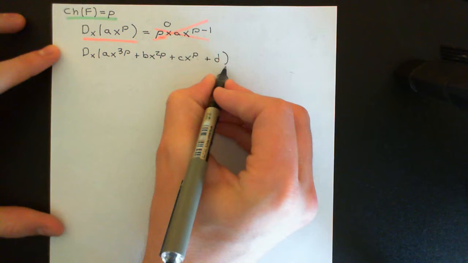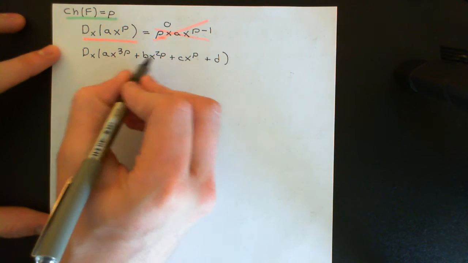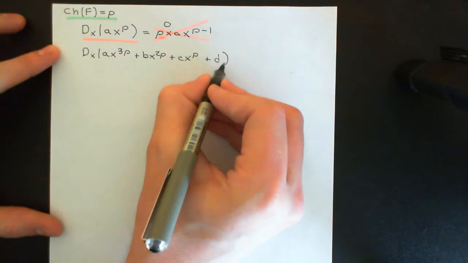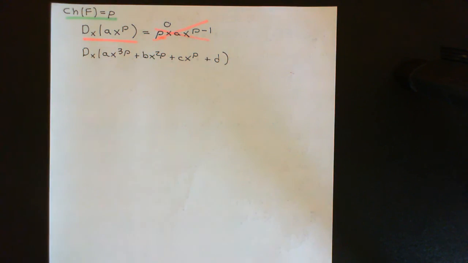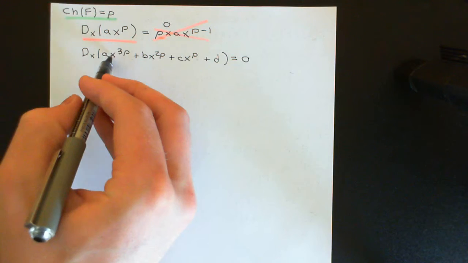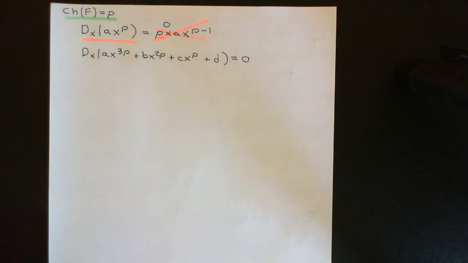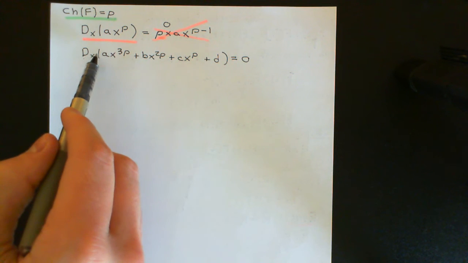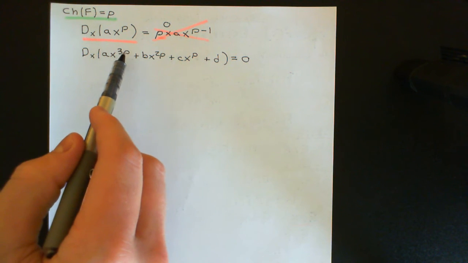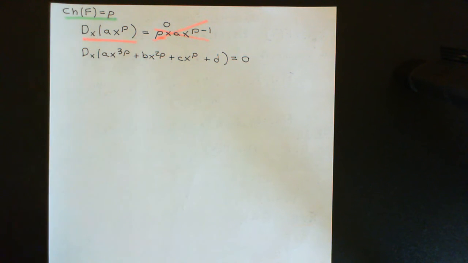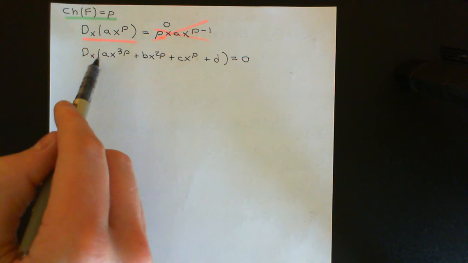So a polynomial of this form where all of the non-zero coefficients are in front of powers of x that are a multiple of p, and then we've also got just a constant term here, then my claim is that that's going to be equal to 0 as well, because when we take the derivative of this, we'll go through each term here and we'll multiply the coefficient by the old power. So in this case we'll multiply the coefficient by 3 times p, but of course that will be equal to 0, so this one will vanish.